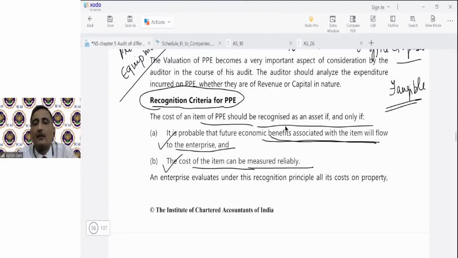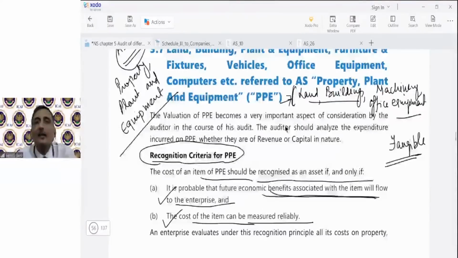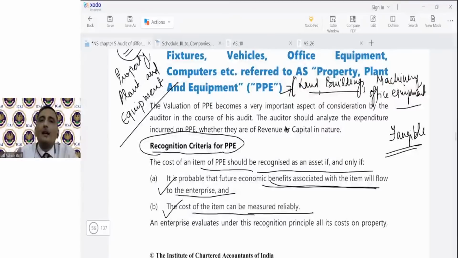Okay, suppose, take the example of machinery. Obviously in case of machinery, the economic benefit is to accrue to the entity, to the company, in future years. It is not limited to 1 year alone, and its cost can also be measured precisely on the basis of the purchase bill of machinery.